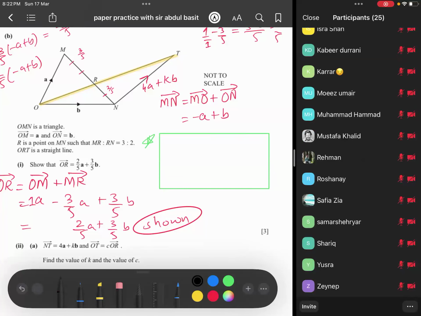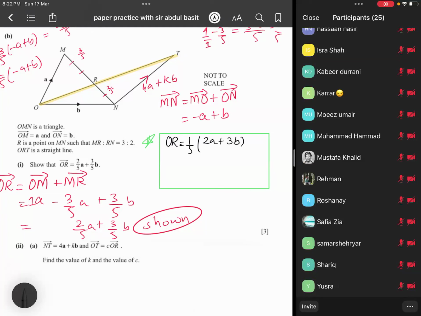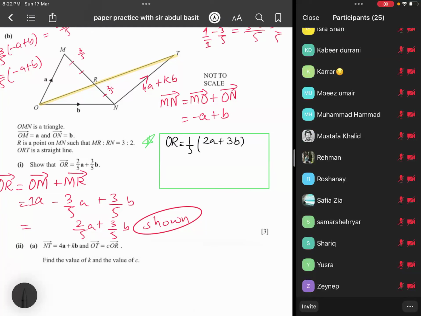Now understand this. OR, can I take 1 by 5 common? That would be 2a plus 3b. Yes or no? Yes. Okay, so that is equal to 1 by 5 times 2a plus 3b. We need to find out what RT is first of all.